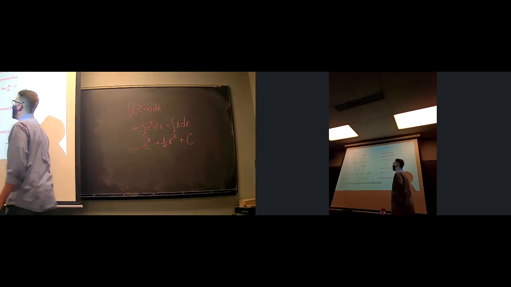In the case of b, we used u sub and got e to the 2x plus c. In the case of c, we used the sum and difference rule. And as always, go ahead and differentiate to check your work. It's a good idea.